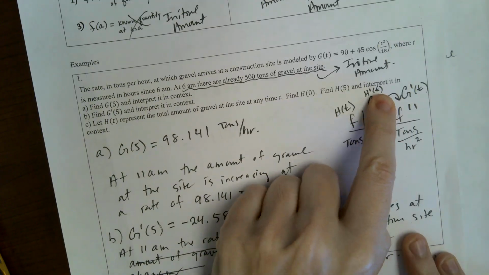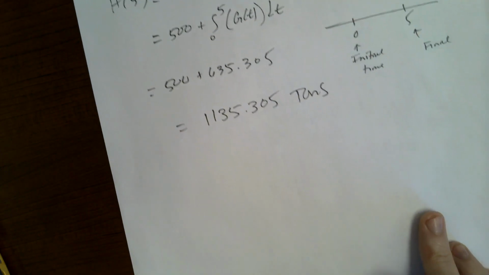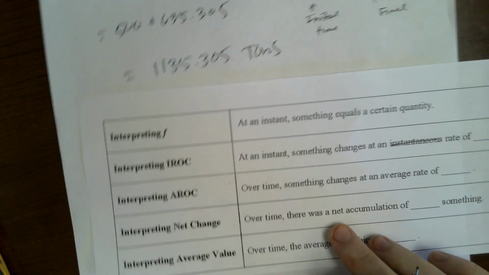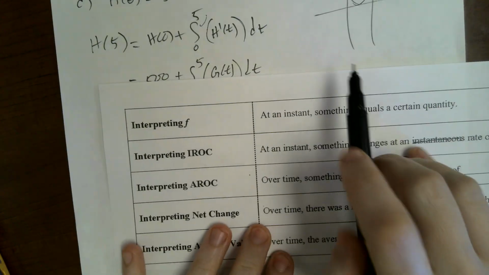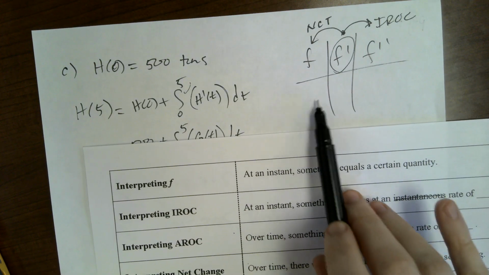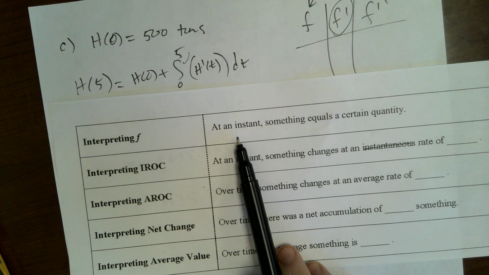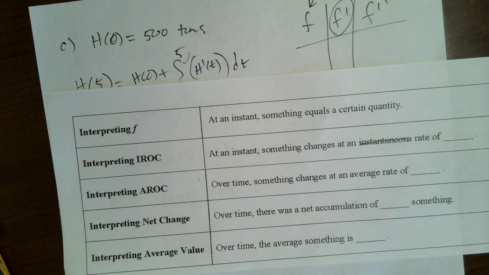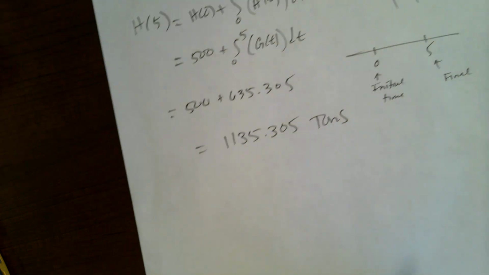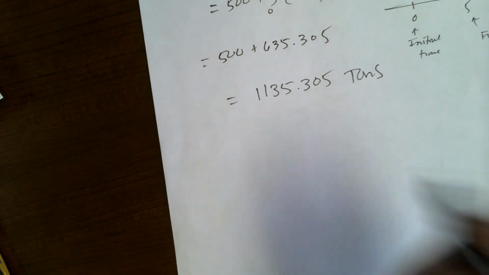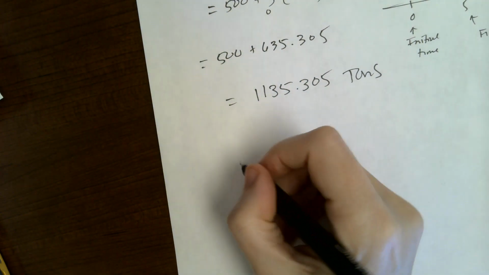All right, and then it does say to interpret. Okay, interpret H of 5. If we are interpreting at the beginning of a derivative sequence, the interpretation goes like this: at an instant, something equals a certain quantity, or there is a certain amount of something. So we're still 5 hours in.